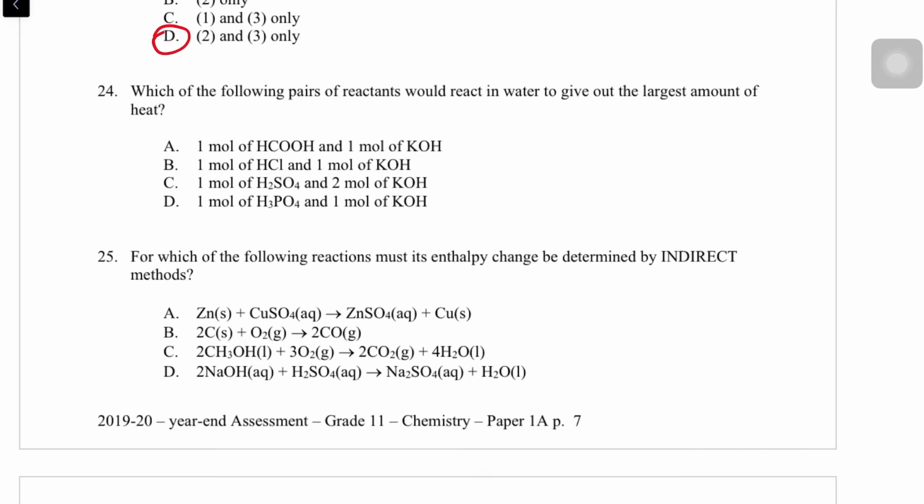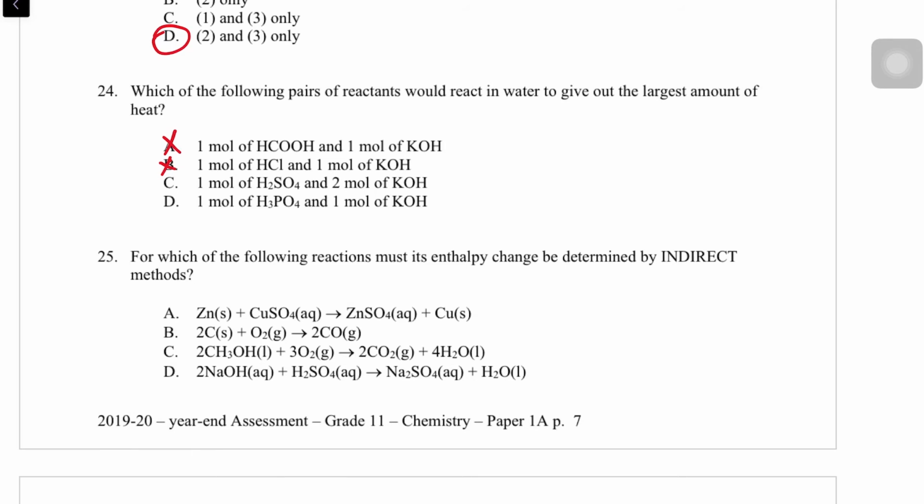24. Give out the largest amount of heat. Okay, largest amount of heat. So compare 1 and 2. A and B. A will not be the answer because it involves a weak acid, right? Okay, B. How about B and C? Well, B won't be the answer because C will form more neutralization.